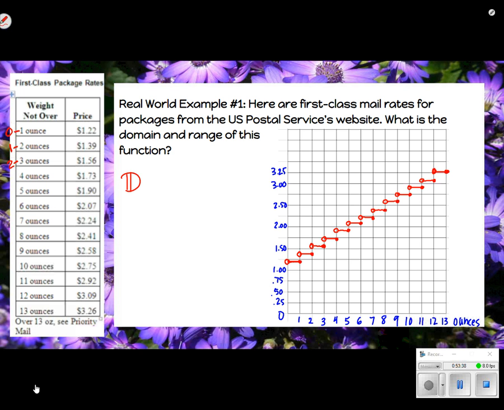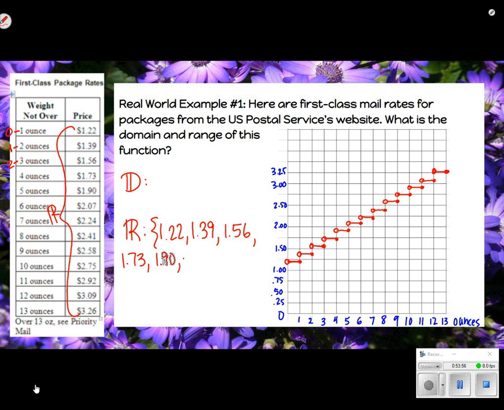So the domain I want to talk about last. The range are all the y values. All of these guys, they're the range. So I'm looking at 1.22, and you write them as discrete values. You do not say from here to here. So you're like, Miss Phoebus, why are you writing all of this out? Isn't that too much?